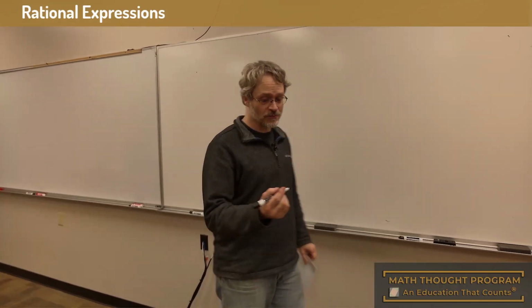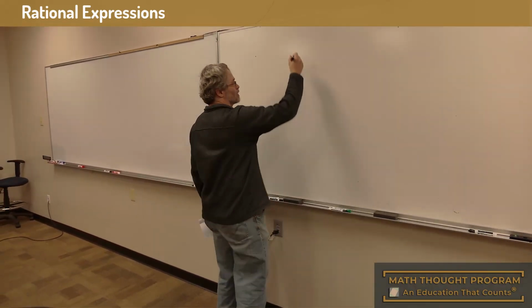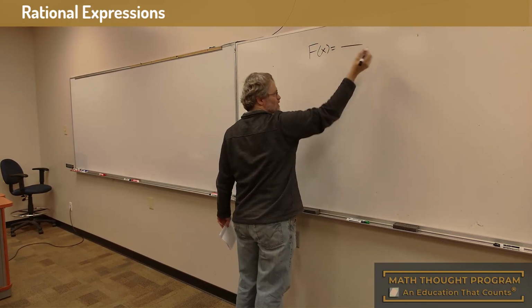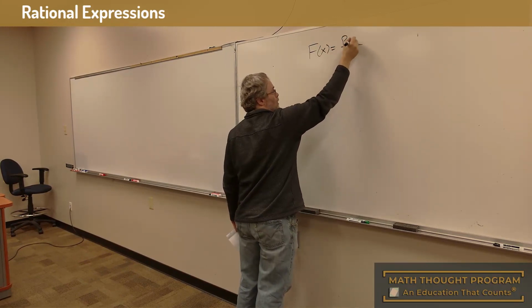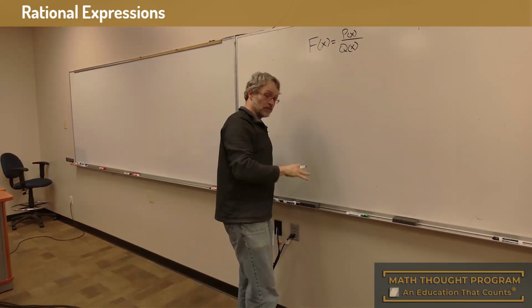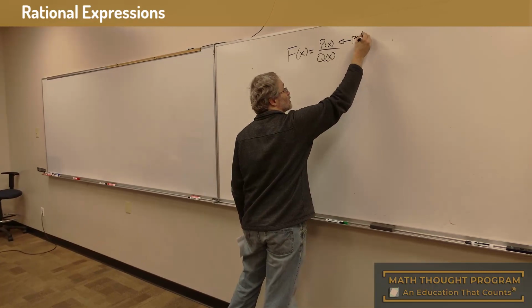Now, a rational expression is a certain type of expression. It's going to look something like this. We have a P over a Q, and the P and the Q, I'm taking those as being polynomials.